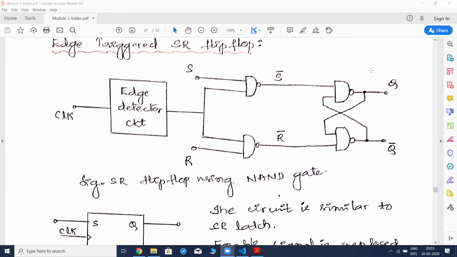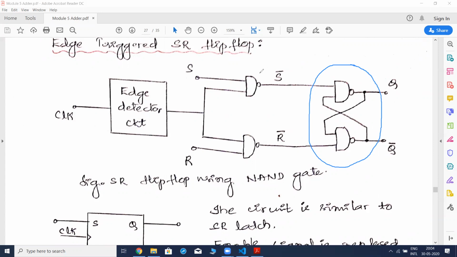Here there are two NAND gates, which are cross coupled. This is nothing but our S bar R bar latch.